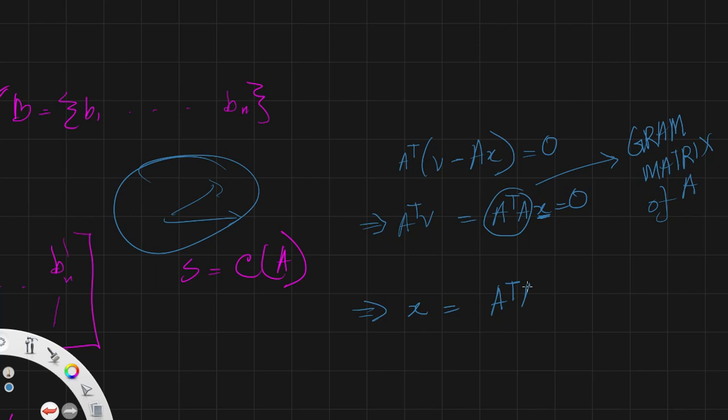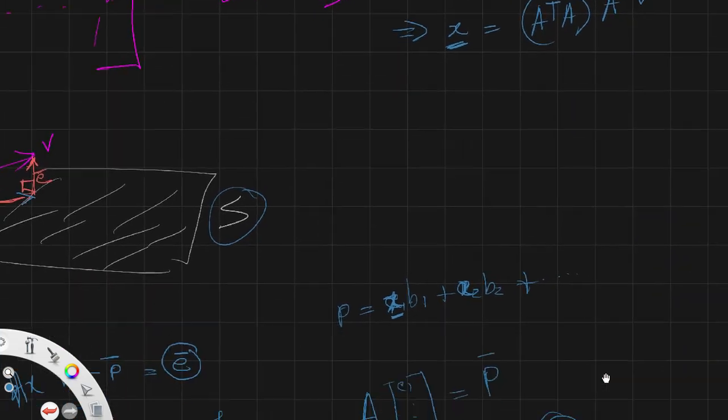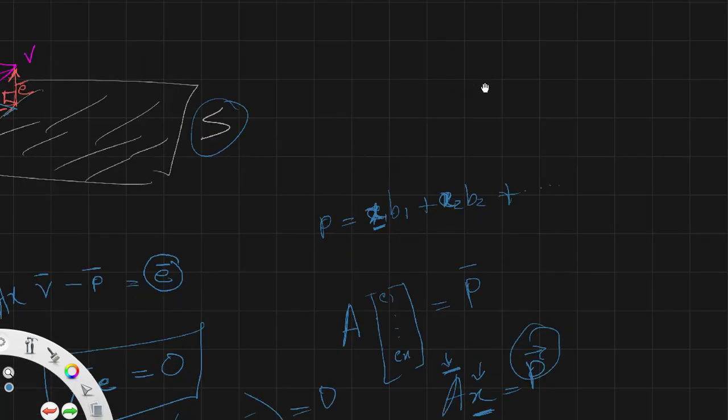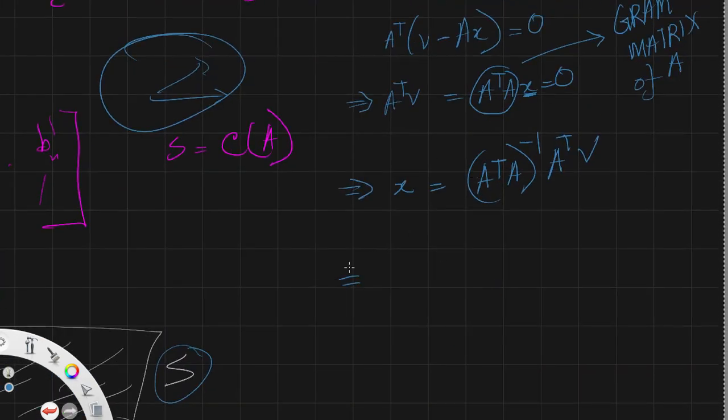All right, so this is the value of x, but we want P, right? P is equal to A into x. So multiplying A on both sides, we get P is equal to A, A transpose A inverse, A transpose V, and this is called the projection matrix.